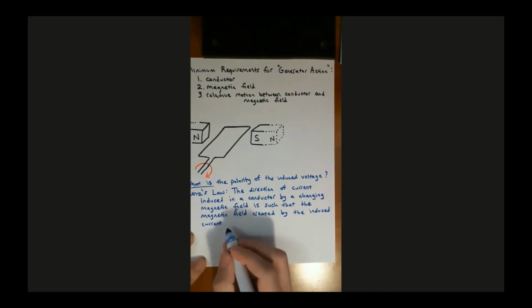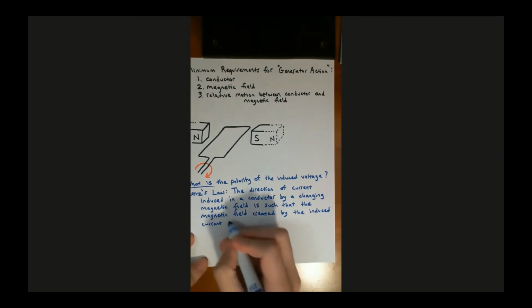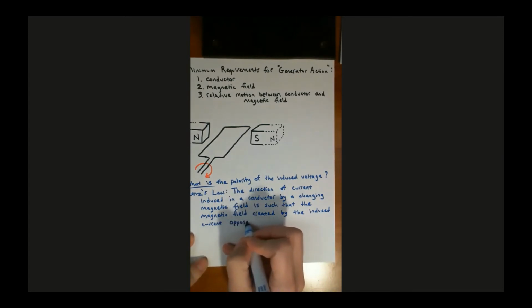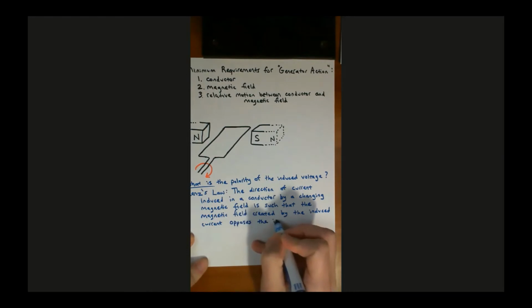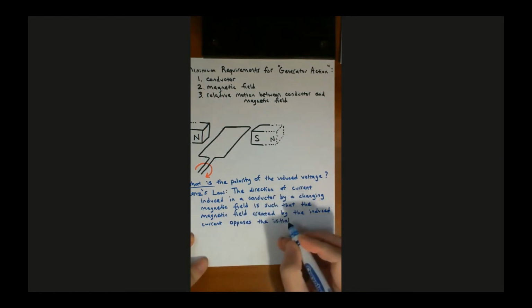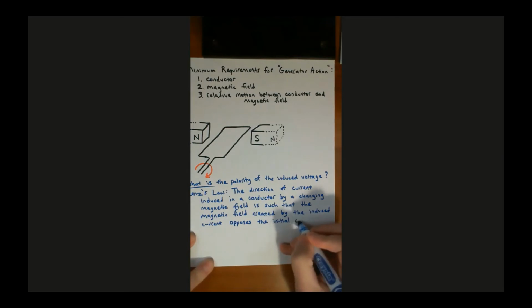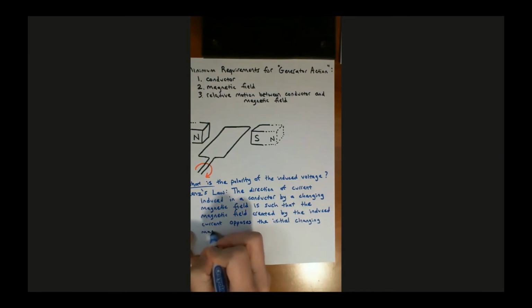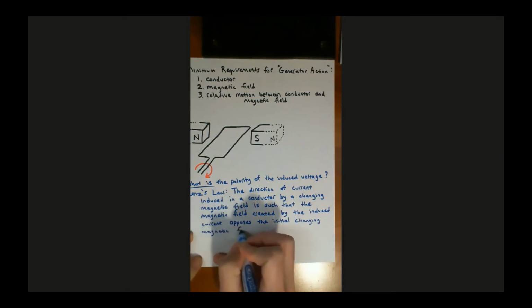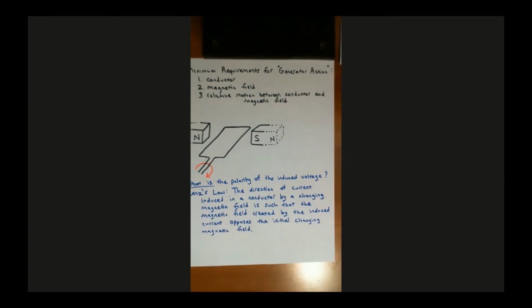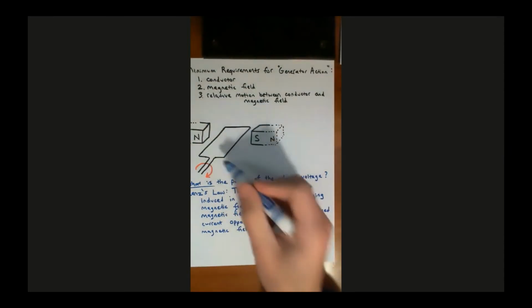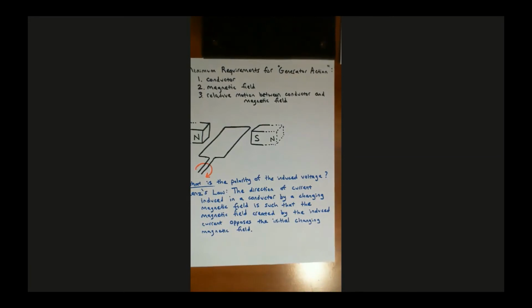The magnetic field created by the induced current opposes the initial or original changing magnetic field. All right, so here's the principle that determines the polarity of the induced voltage in here. It's not so easy to see in the armature, which is why I'm going to give you a thumb rule that makes it a lot easier. But this is a better explanation for why.